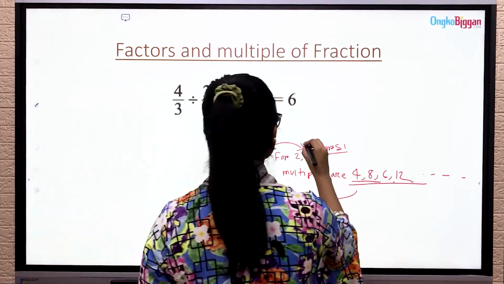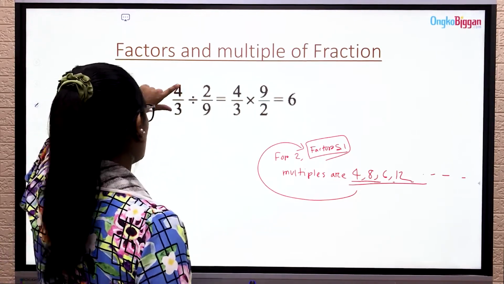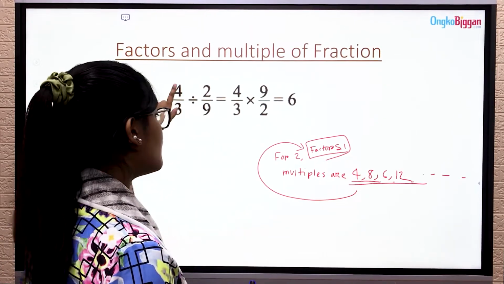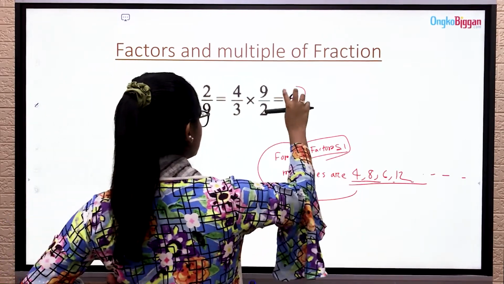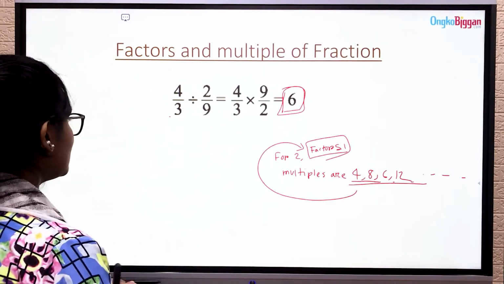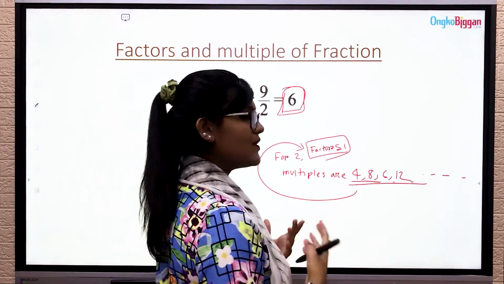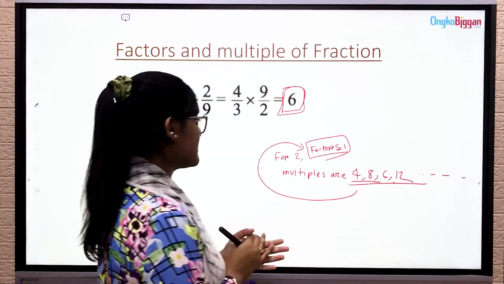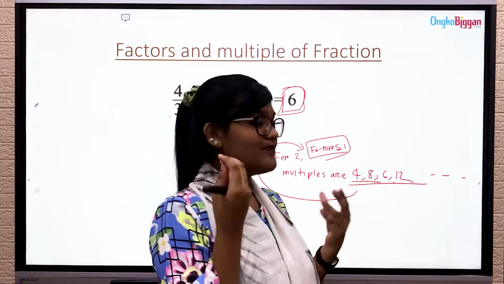We all know that. So here in this case, we can see 4 by 3 divided by 2 by 9 equals 6. We are getting a whole number. That means we can say 4 by 3 is exactly divisible by 2 by 9. We know by factors we get a whole number, we get an exact value.